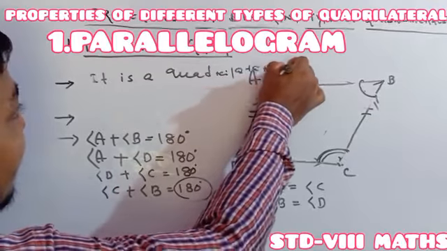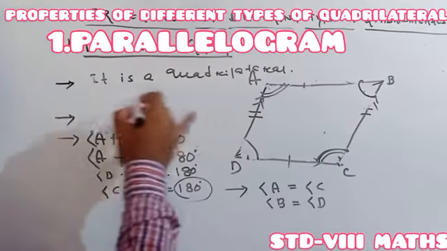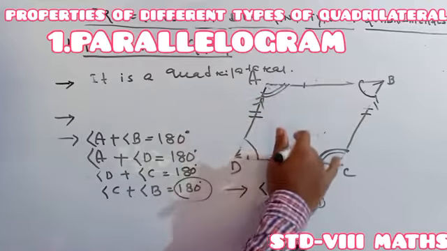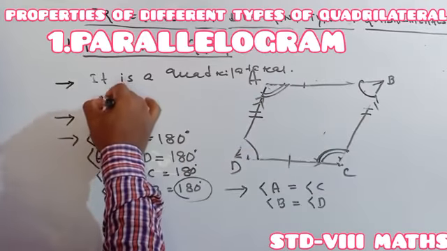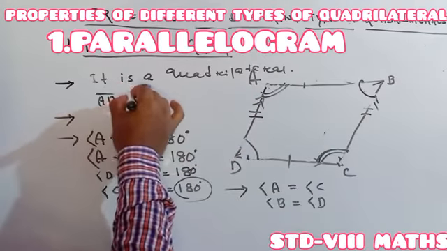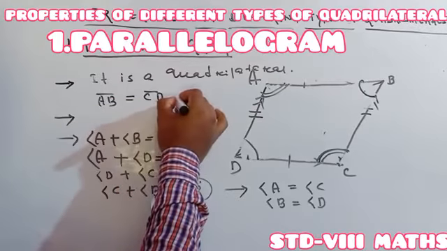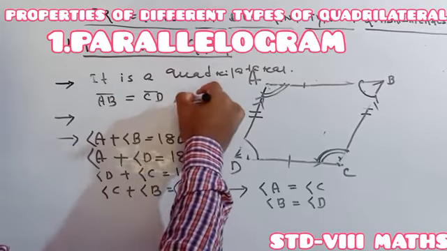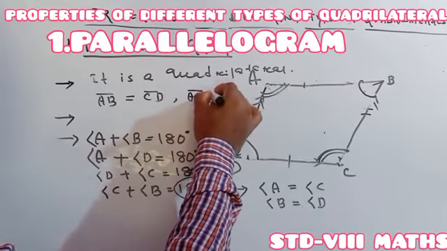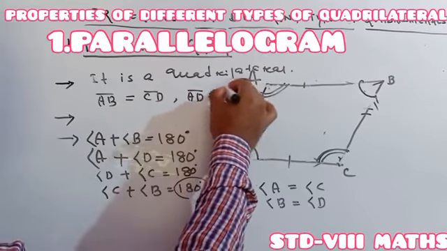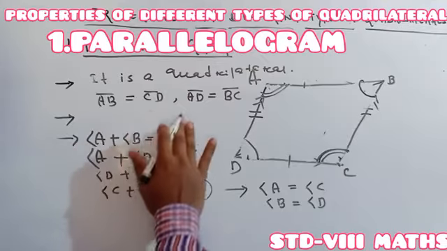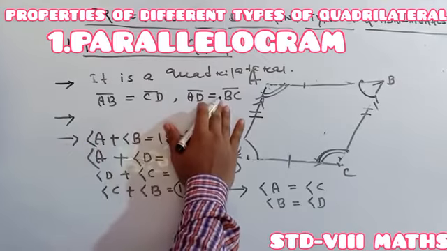Then the next point I said, opposite pairs of sides are equal and parallel. It means AB is equal to CD, then AD is equal to BC. It means pairs of opposite sides are equal.